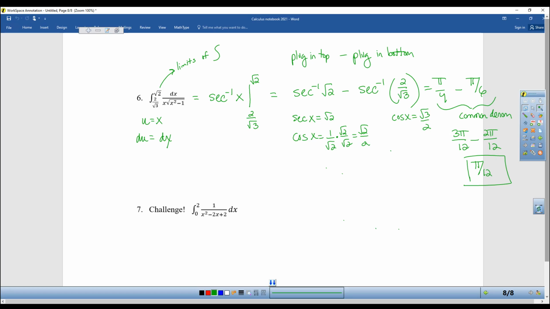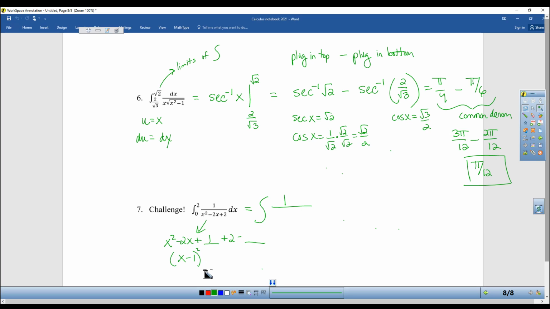All right, so this one is a challenge. I'll show you how to do it. It has a trick to it. The challenge is that you need to complete the square. So if you rewrite this as x squared minus 2x plus blank plus 2 minus blank, this is really bringing back from the past, then you break this in half. So minus 2 divided by 2 is 1, and then I square it.